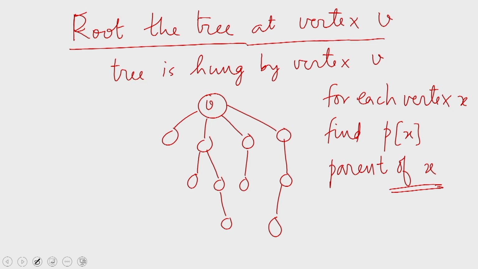The parent of a node x is the first vertex on the path from x to vertex V. So, the parent of this node x is this one, that is on the path from x to V, this happens to be the first vertex after x. So, likewise we want to find the parent of every single vertex x. When we do this, we say we have rooted the tree. So, let us continue with our original example and see how the tree will look like when we have rooted it at vertex 7.